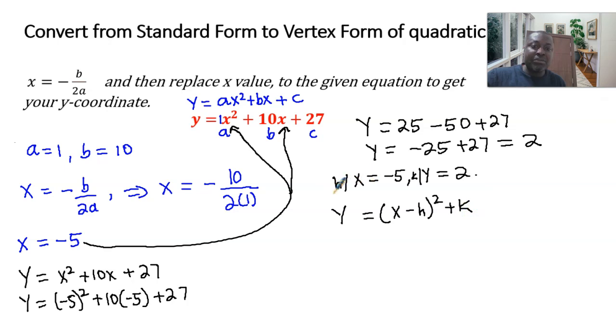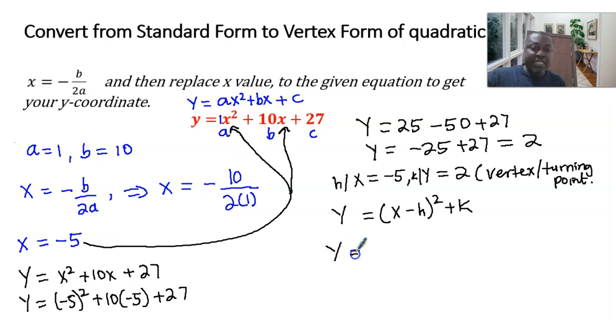The reason why I'm using h and k is so you don't get confused. We got a coordinate, and this coordinate that we got is the vertex point. Another name for vertex is the turning point. We need to know all that.